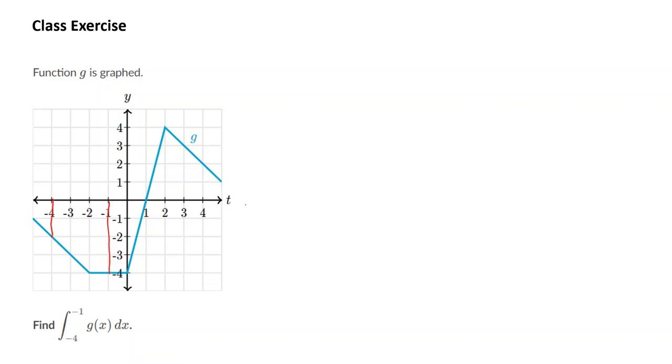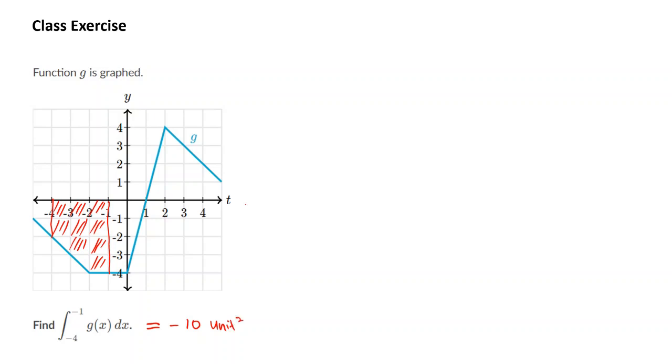Basically it's the sum of all boxes: 1, 2, 3, 4, 5, 6, 7, 8, 9, and then two halves there, so it's 10. So this is equal to minus 10 unit square.